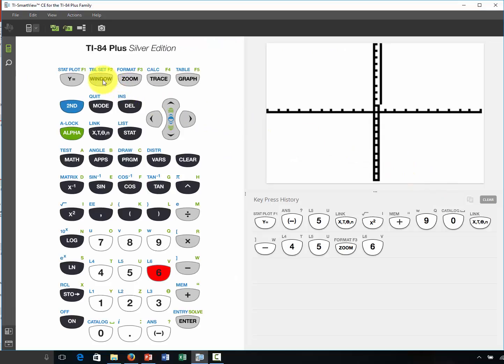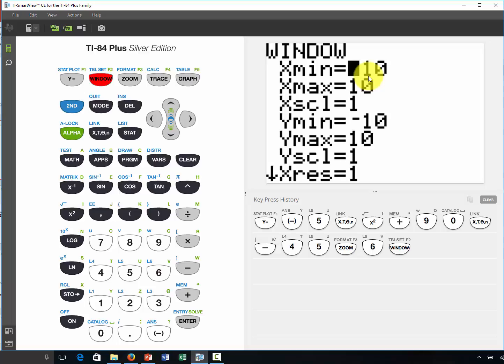So we go to Window. For my x-min, we have an x-intercept at 1, and I'd like to see the y-axis, so I'm going to use negative 5, something a little to the left of the y-axis. For my x-max, I know that the graph on the right-hand side needs to be about 8 units larger than the axis of symmetry.